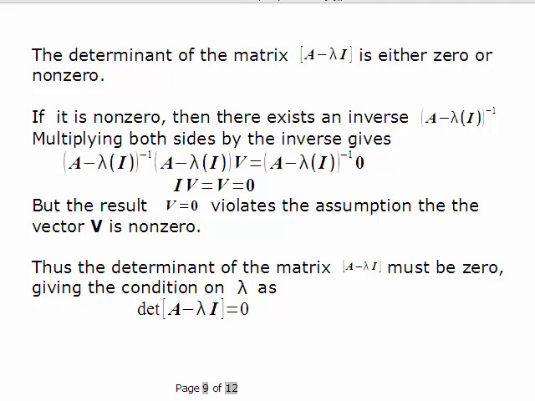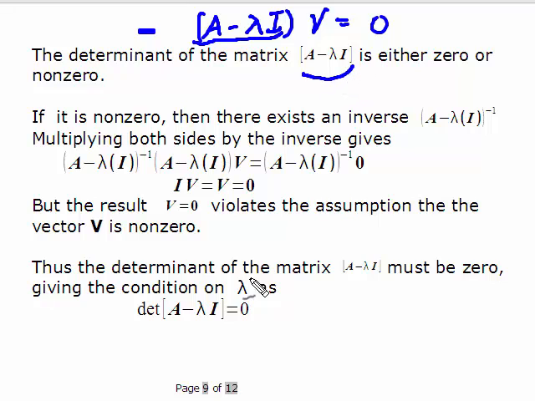So what we're looking at, just to remember this, I'll put it up here. A minus lambda I times V equals 0. So now we're just going to discuss this matrix, A minus lambda times the identity matrix.